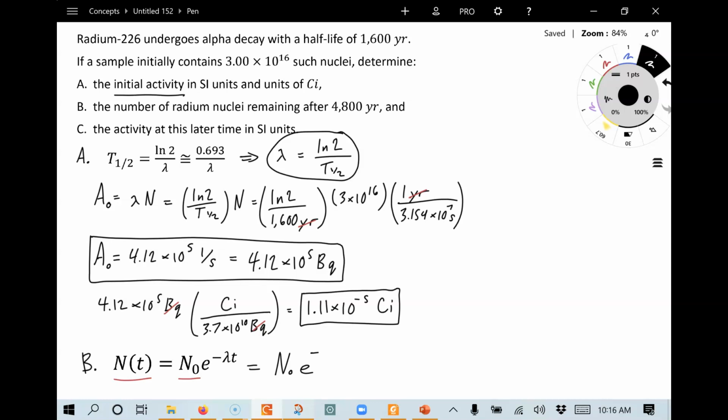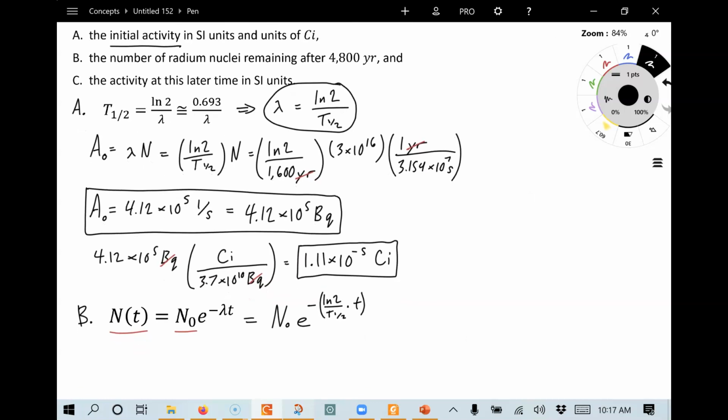Now for lambda, I'm going to plug in ln 2 divided by T1/2, and that's all still multiplied by t. The good thing about using T1/2 is that since we're given years as units in both of the times, we can just stick with that value.